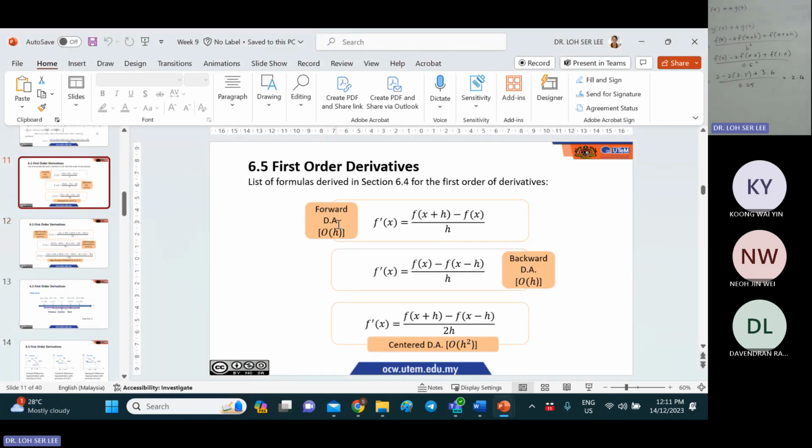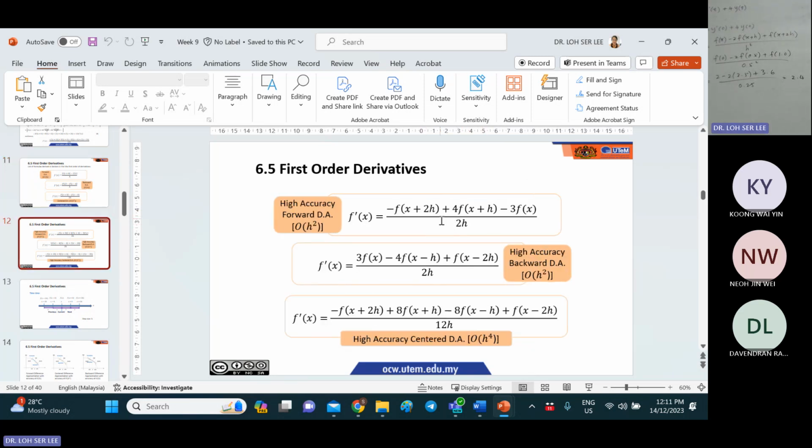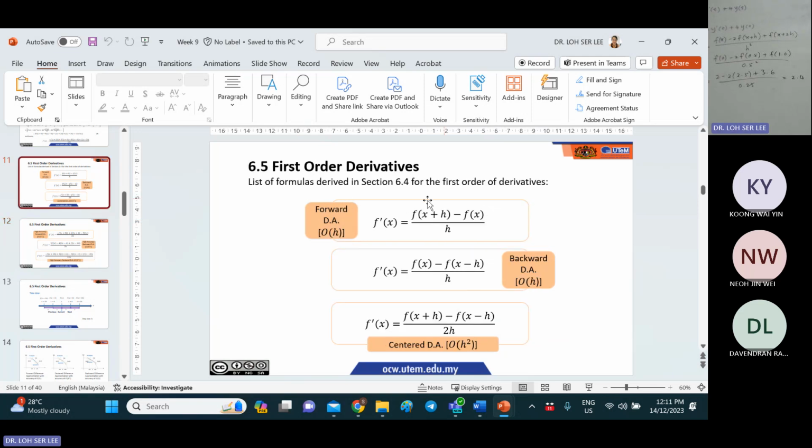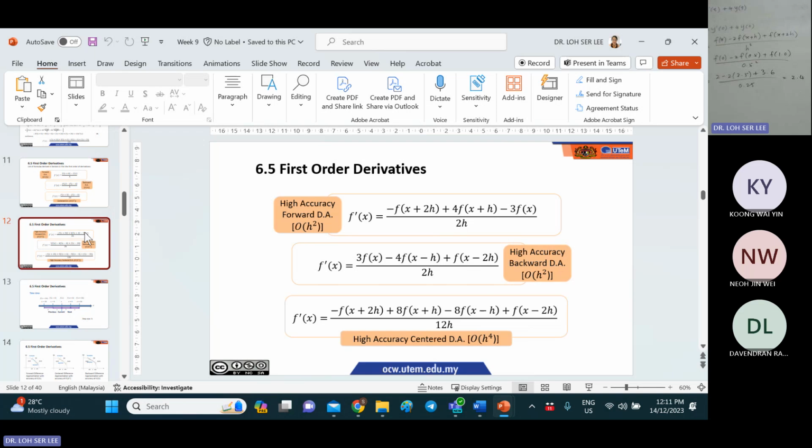You want to use the first one or the second one. The second one, because this is 3 points.